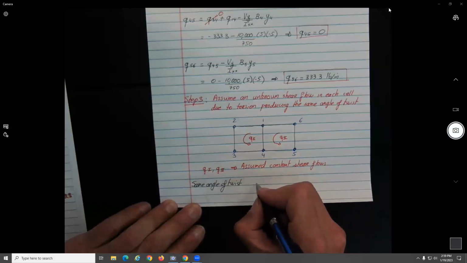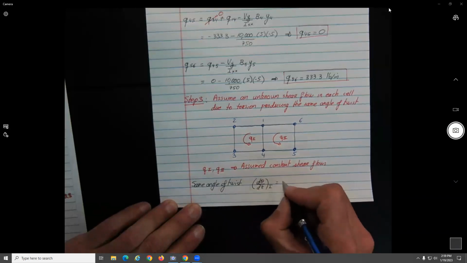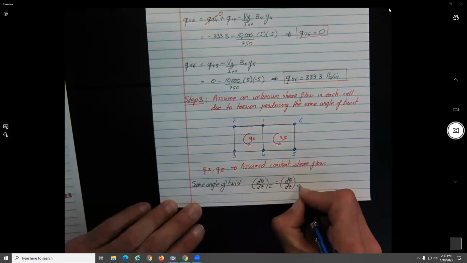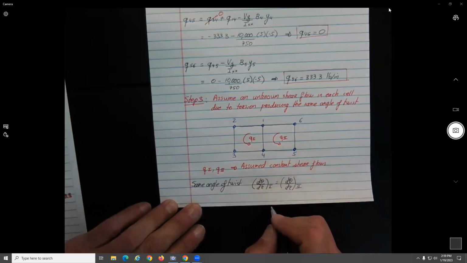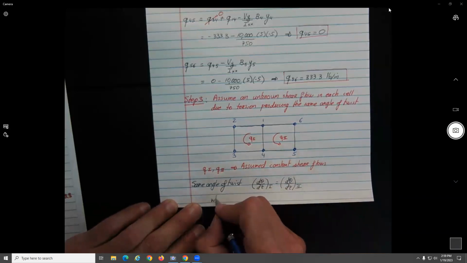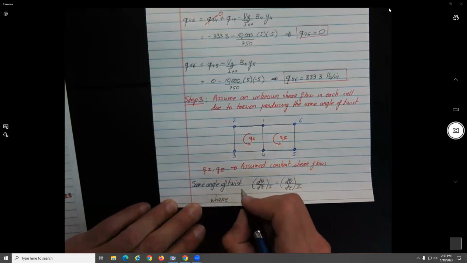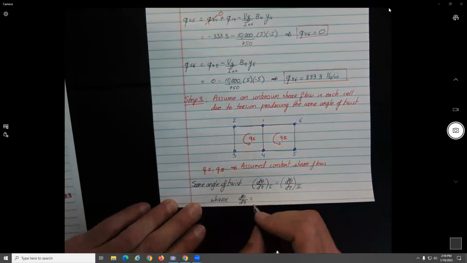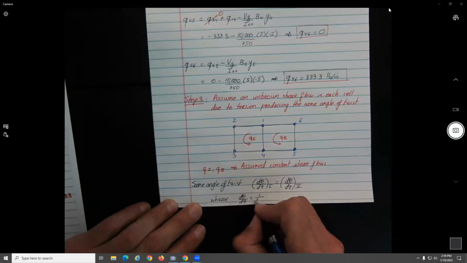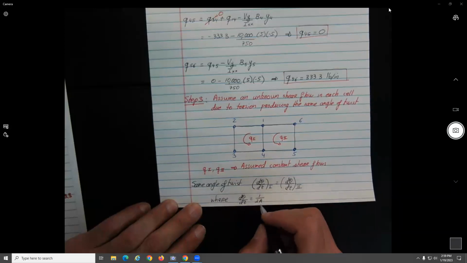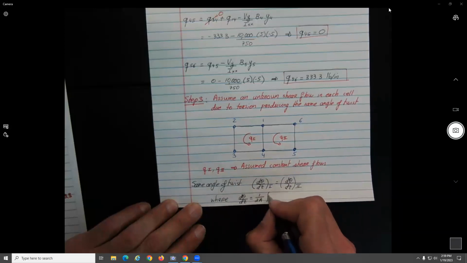Which is the equation, so d theta dz of the first cell needs to be equal to the angle of twist of the second cell. The expression for the angle of twist, a bit complicated, that one, is d theta dz equals 1 over 2A times the integral across the cross section.